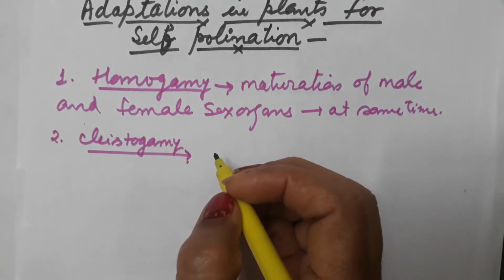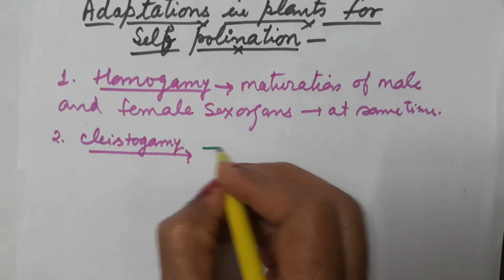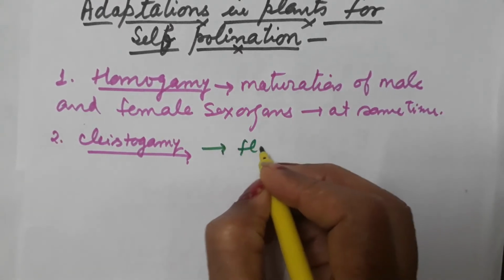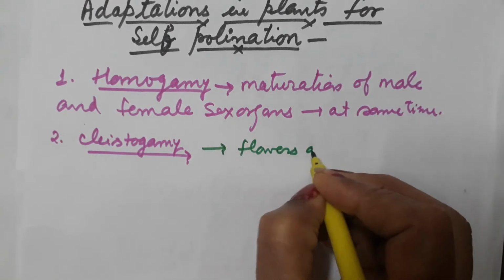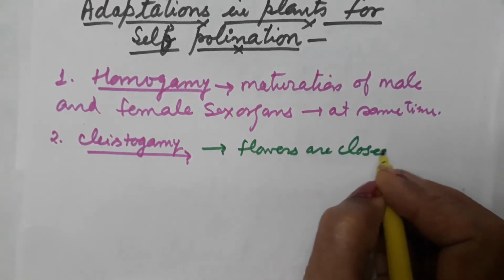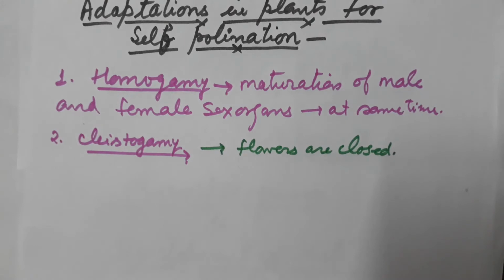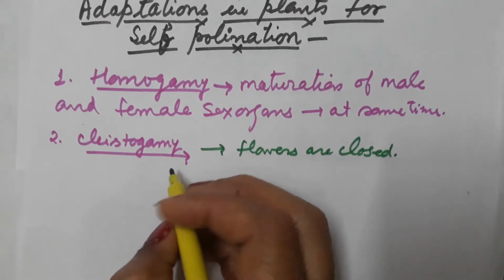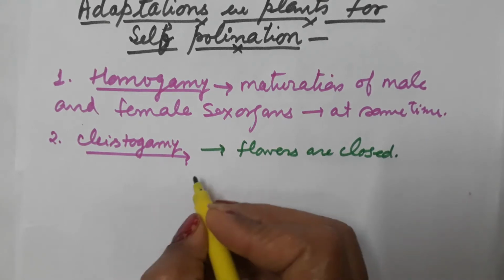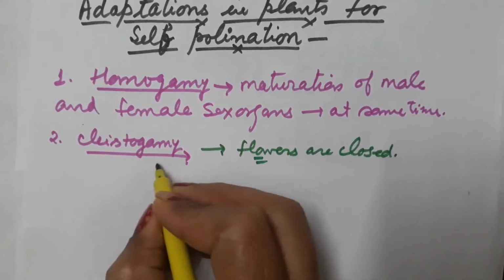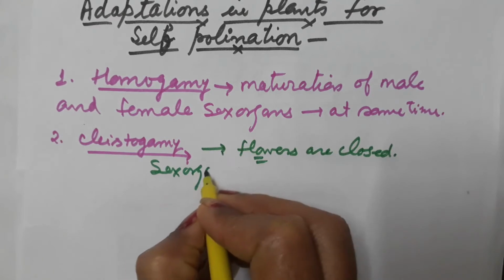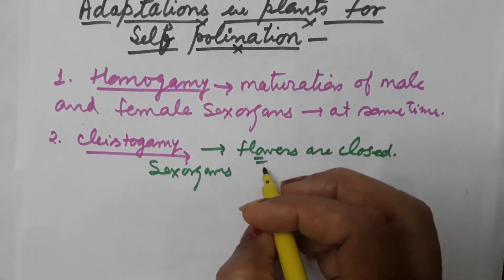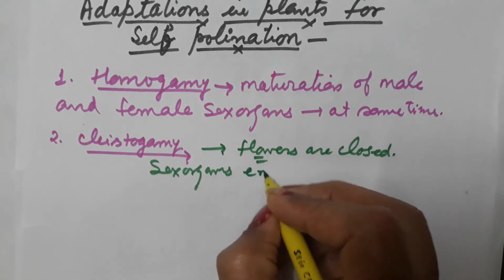We can say flowers are closed type, or we can say that sex organs are enclosed in a flower. Sex organs, that is anther and carpel, are enclosed within the flower.